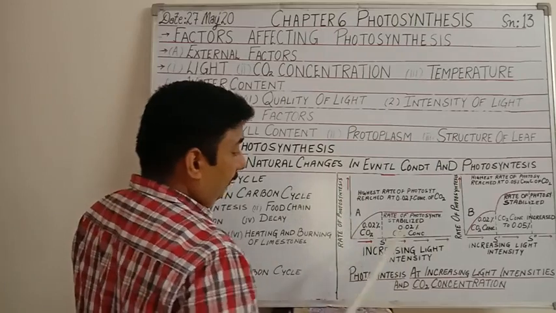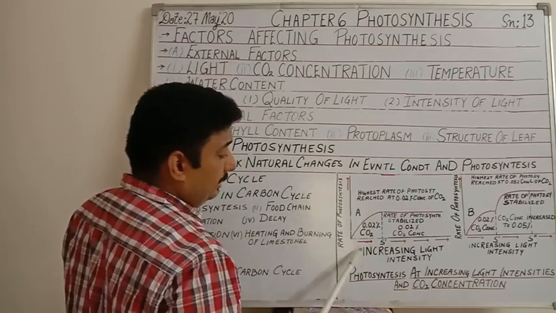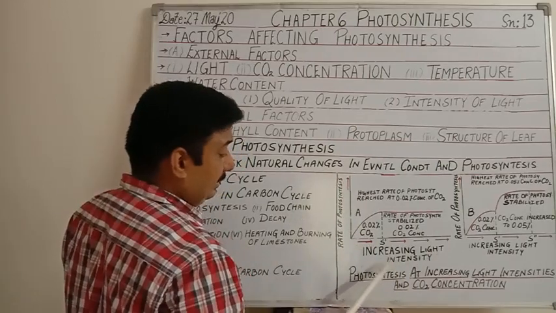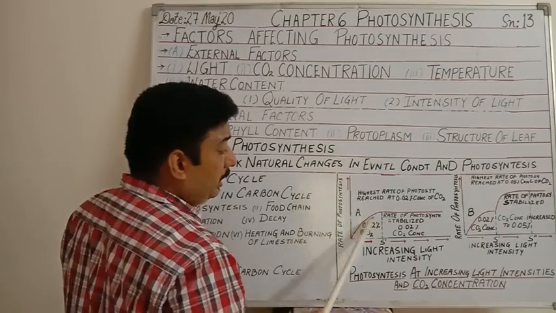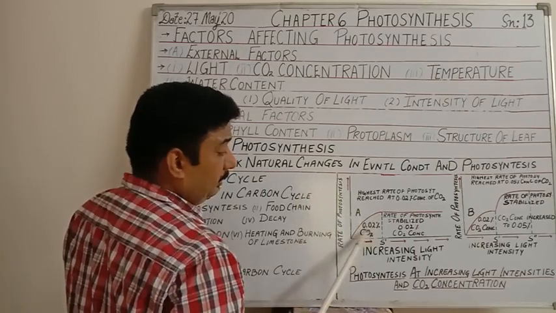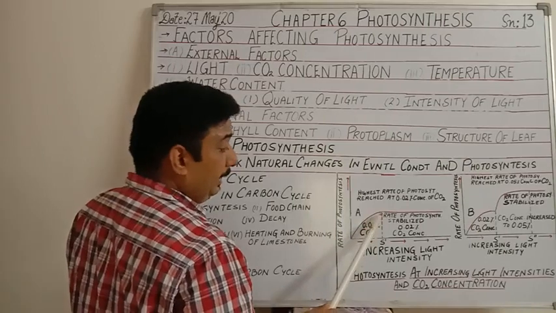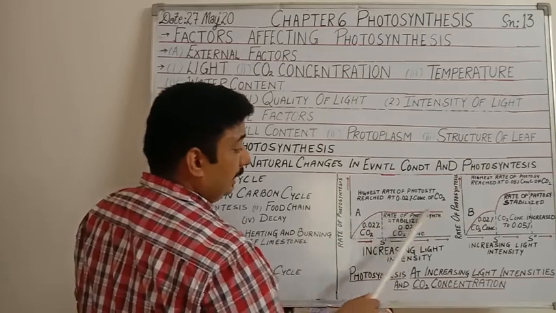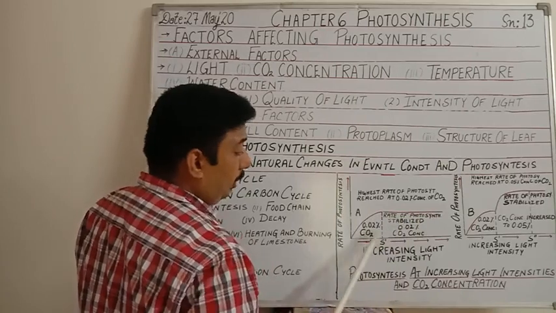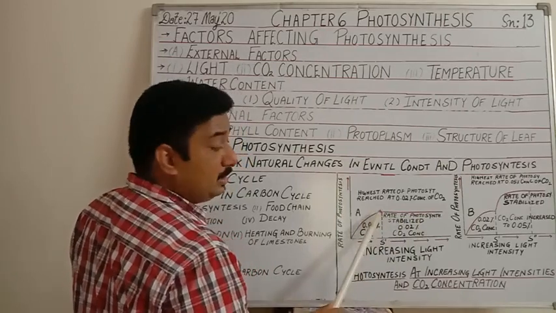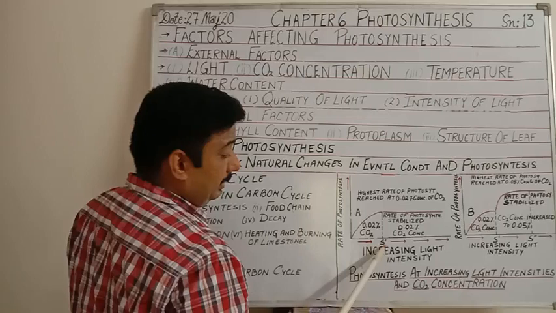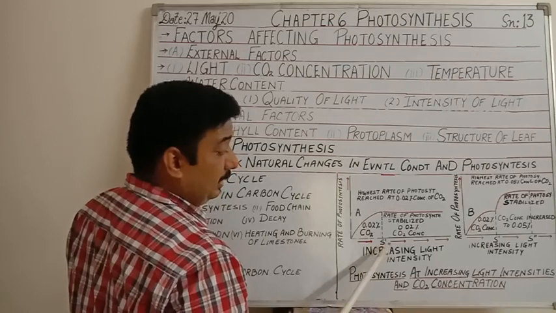Okay, in this graph we can see that as there is an increase in the light intensity, the rate of photosynthesis will rise, till the carbon dioxide concentration is 0.02, okay, and it will become constant. You can see it has become constant, and the point where it has become constant has been shown by S dash.